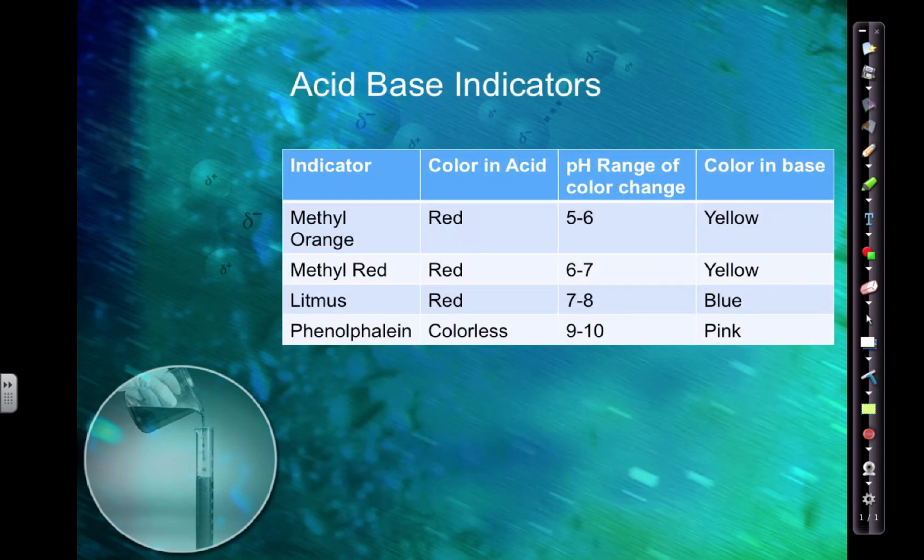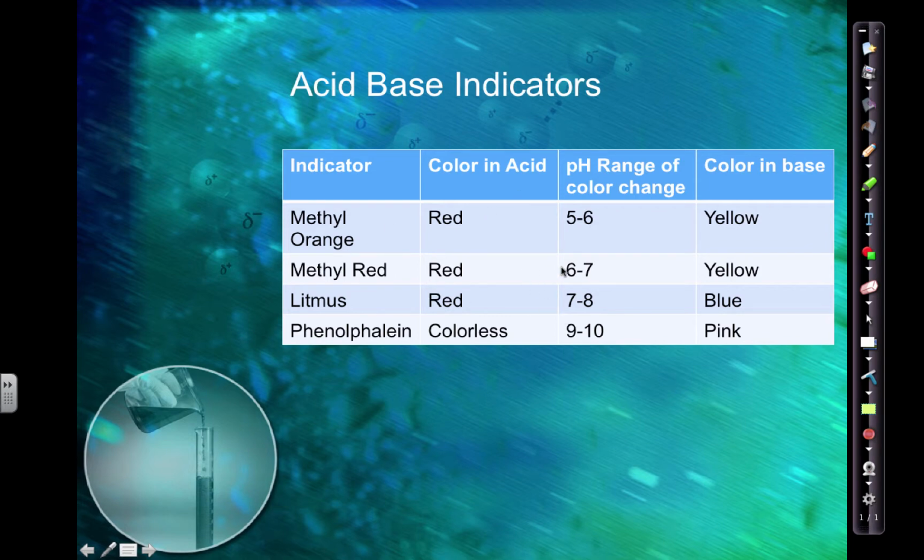All right, so when you're setting up your titration, you want to pick an indicator that's going to be appropriate. The way that you're going to know that it's appropriate is because the pH range of its color will change at a certain point. So methyl orange will change between 5 and 6, and it turns from red to yellow when it becomes basic.